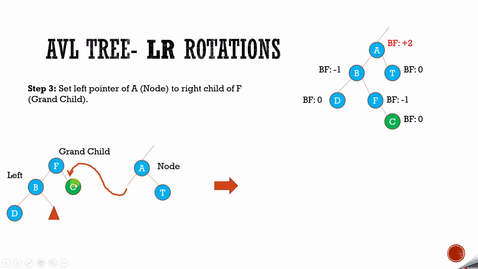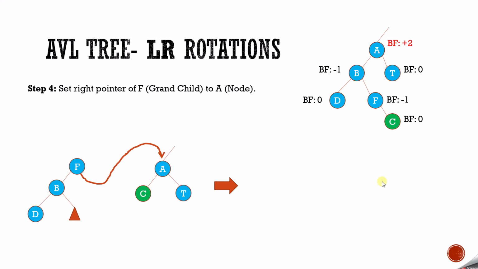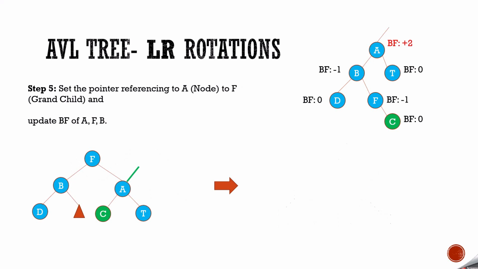A will take care of C. The new node, that is C, will become the left subtree of A. So this is one rotation that happens, and then from next time onwards F will start pointing to A, and whichever node was earlier pointing to A will now point to F, because F is the new root in that balanced tree.